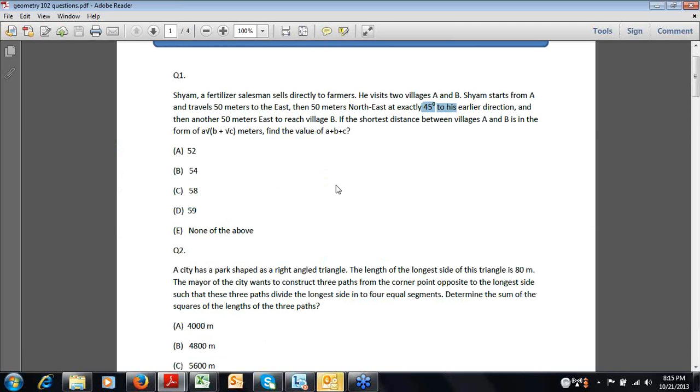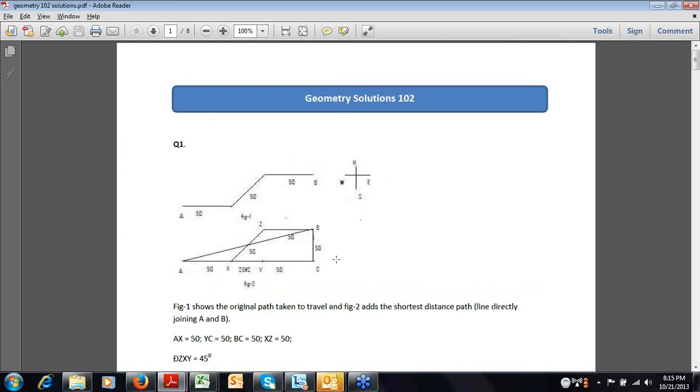Now what they are asking: if the shortest distance between villages A and B is in the form of A root B plus root C meters, what is the value of A plus B plus C?